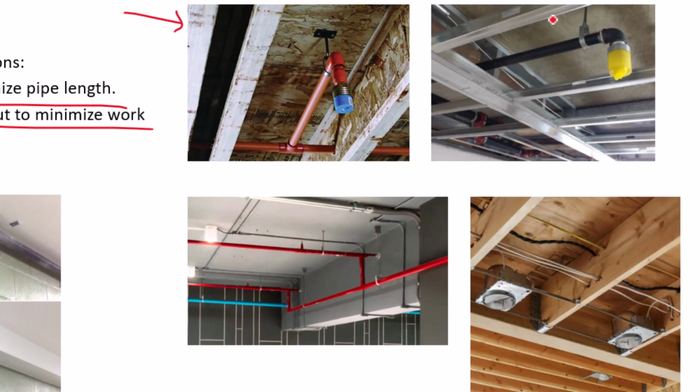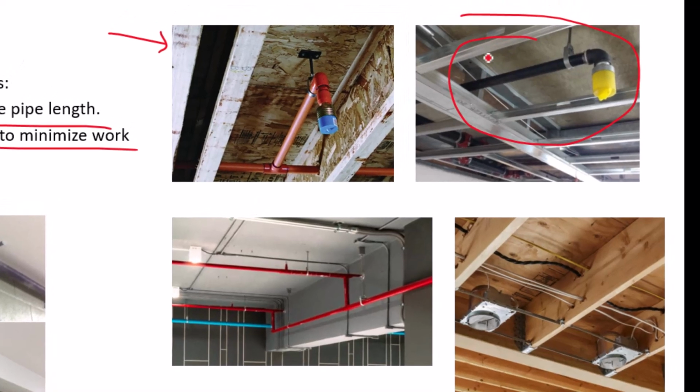And also you can have a ceiling such as this where it's going to be framed and you have space to run the piping below the slab. If the construction job is an open ceiling construction like this, where you can have the piping exposed, you could just run it as shown in this picture.